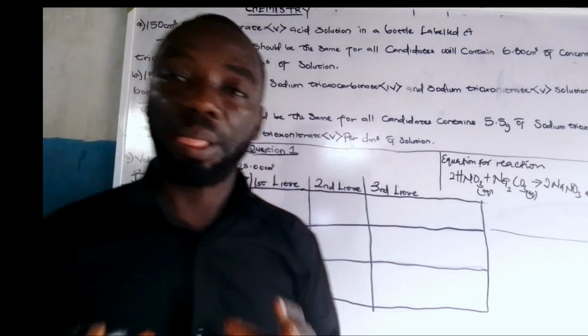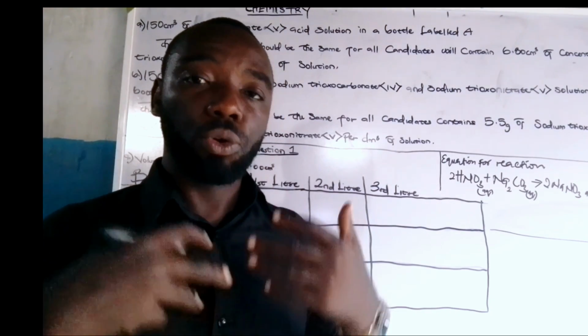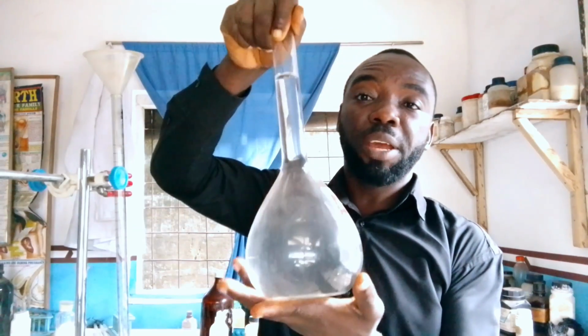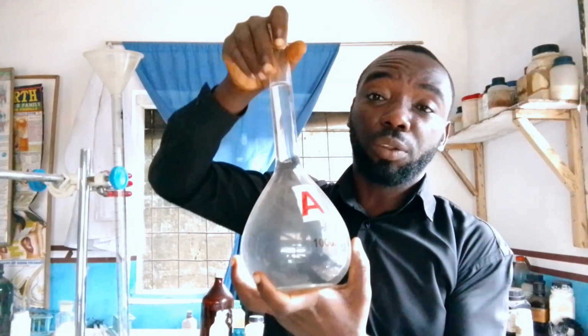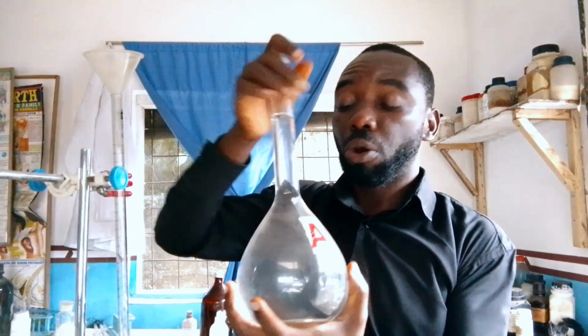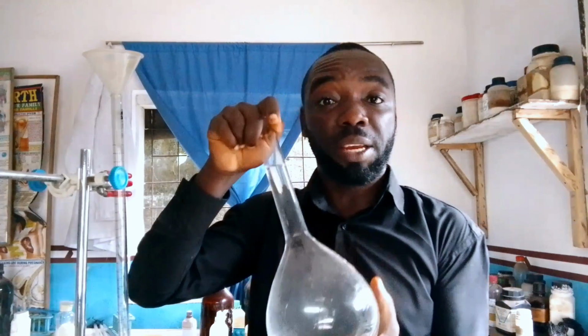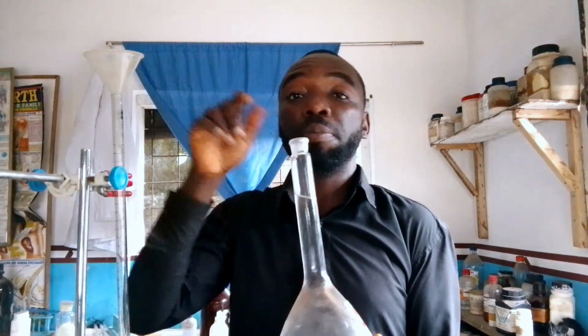So let us now proceed on how you can do that. Here we have already prepared our 1000 ml, which is 1 dm cube, of solution A. If you want to learn how to prepare this, check my other videos.